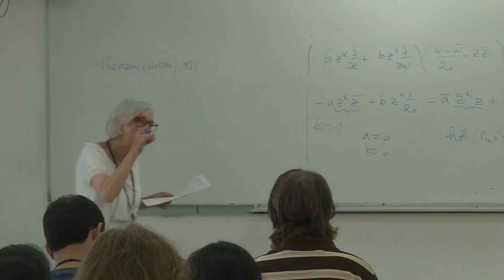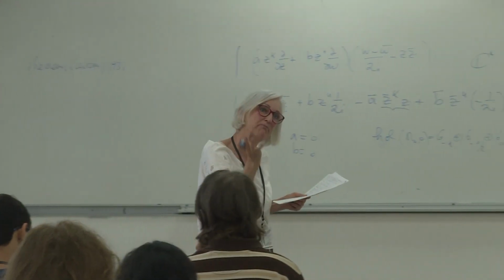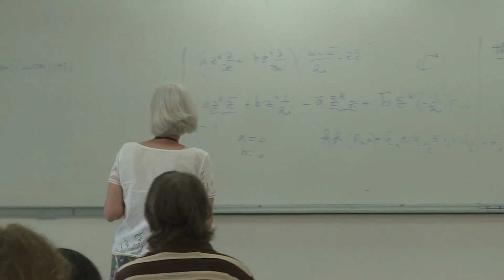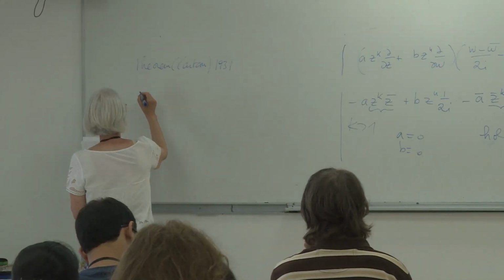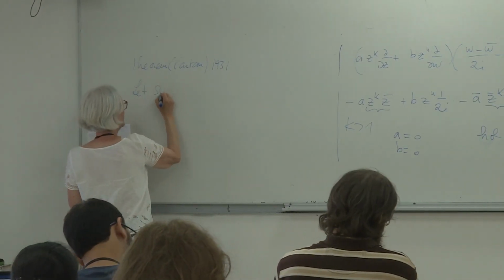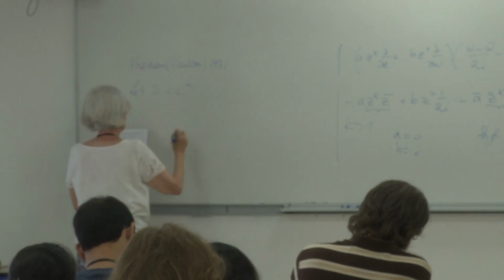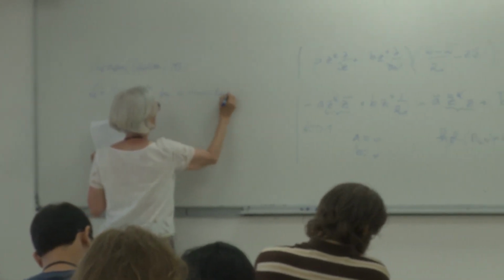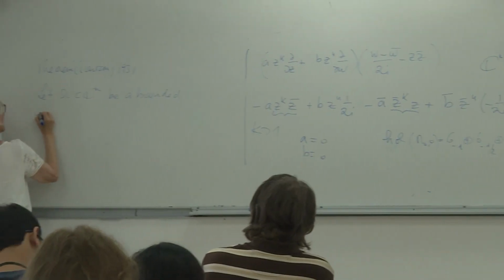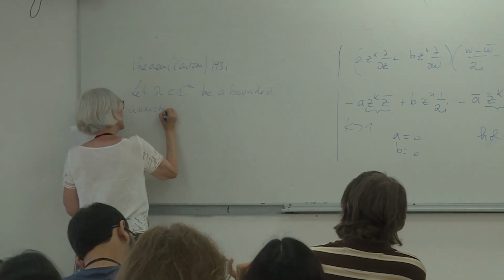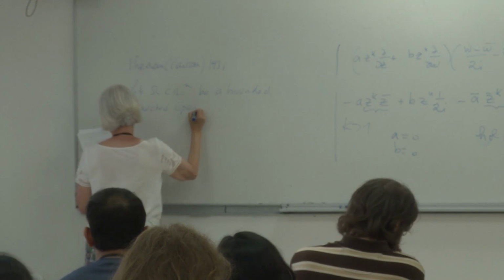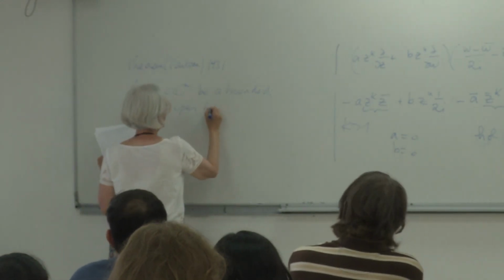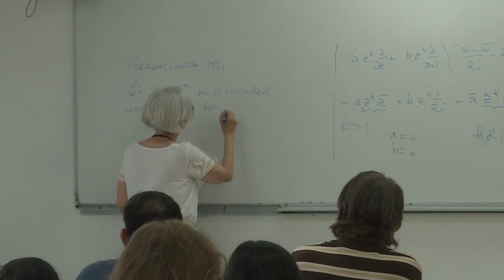And it's not about the hypersurface. Hypersurface is the boundary. Cartan cares about the domain. So let omega in Cn be a bounded, connected, open set containing 0.